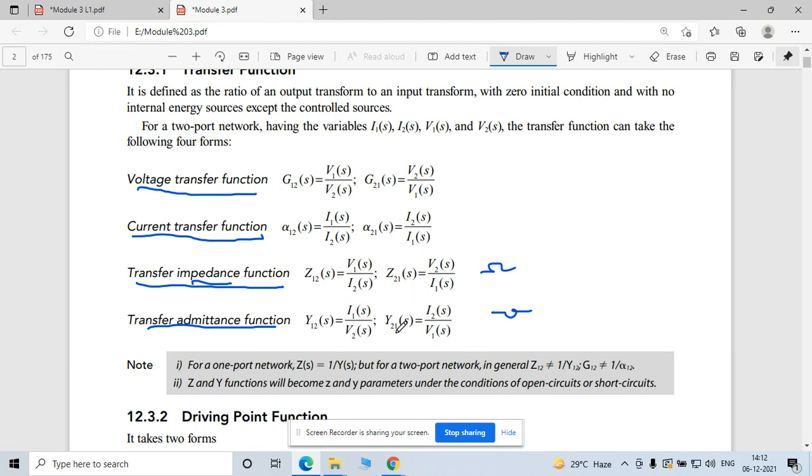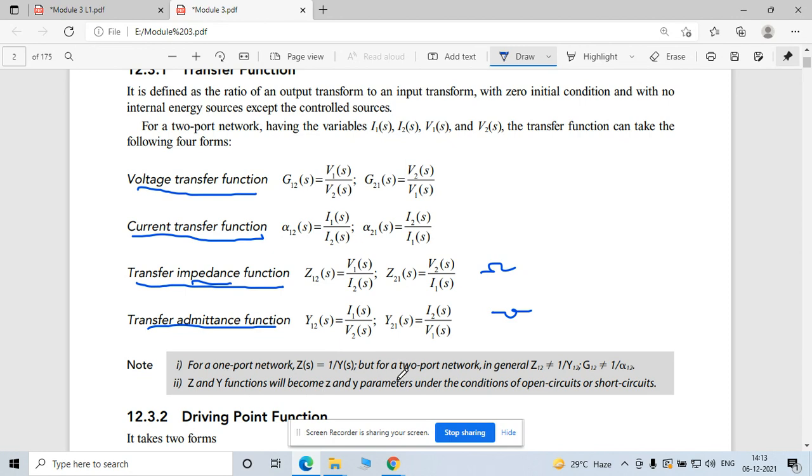Now I already discussed this. For any port, the transfer impedance is nothing but the inverse of the transfer admittance function, but the condition is that the circuit should be symmetrical and reciprocal. Only then is this condition valid.